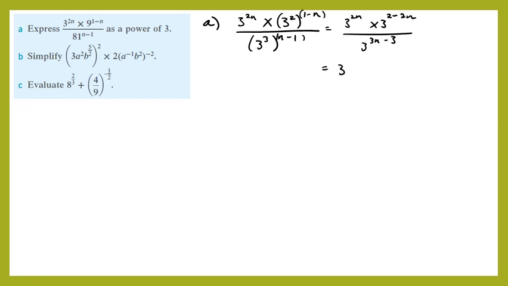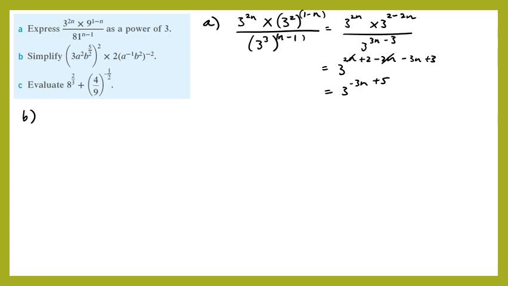Then write it out as one single power, add all the ones together on the top, and then subtract all the ones on the bottom. So grouping all the n's together first, we have 3 to the power of negative 3n, then you have plus 2 plus 3, which gives you plus 5.